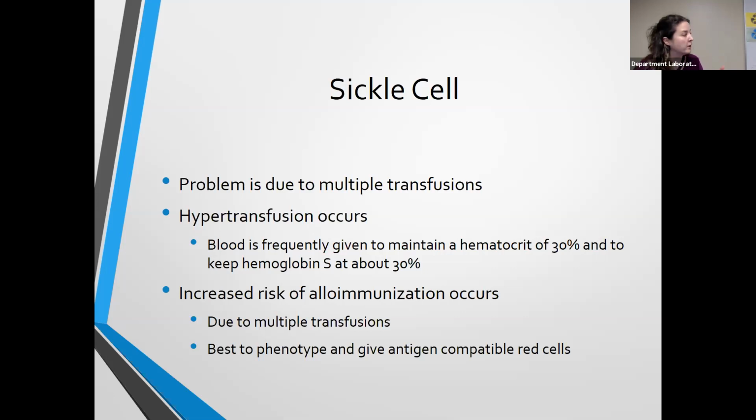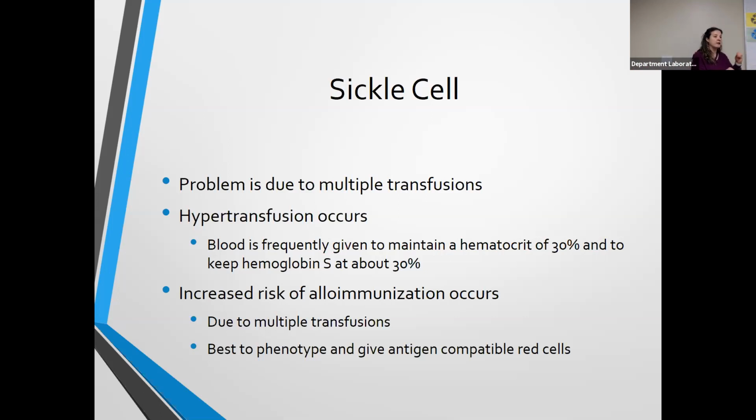So there's the risk of alloimmunization, building those antibodies. There's a new protocol in place now. I think it was implemented about 7 to 8 years ago. When a patient is identified as a sickle cell patient, we try to establish what we call a baseline phenotype. We try to identify what antigens they are negative for, and then give them phenotypically matched transfusions.